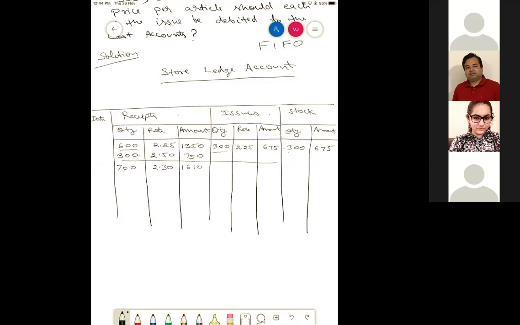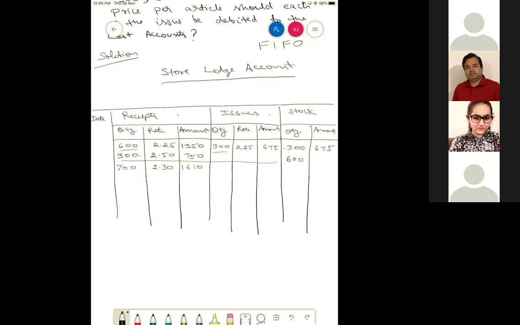Now the current purchase we have made, so it becomes 600. And so our amount would be 300 into 2.50, that is 750, plus 675. You can see from where we are taking 675 and from where we are taking 750.